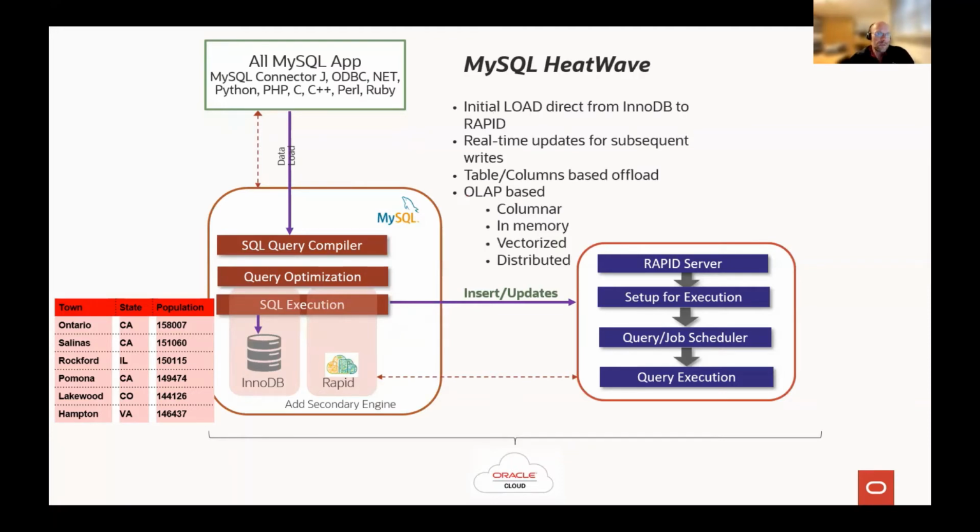And in fact, we do not just load the table, we also transform the data. So based on the table itself, you can specify which databases, which tables will be loaded to the HeatWave technology. And in addition, the data itself is transformed. It's not stored in rows anymore. It's stored in a columnar way, and it's stored in memory only.